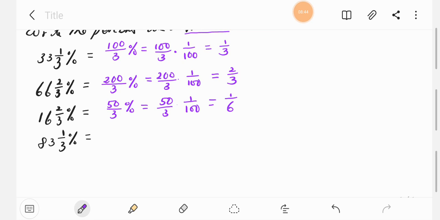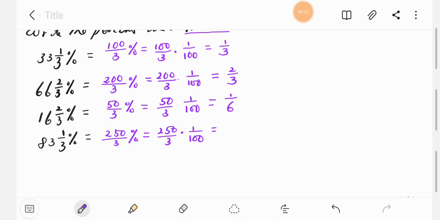All right, the next one: 83 and 1/3%. Multiply 83 by 3, that is 249, plus 1 is 250. So 250 over 3%. And then also replace the percent with a fraction 1 over 100.